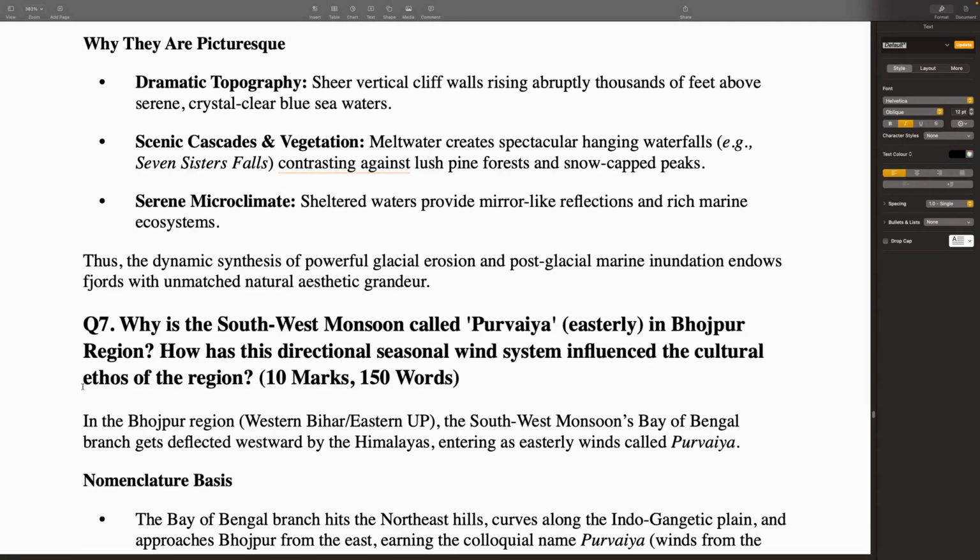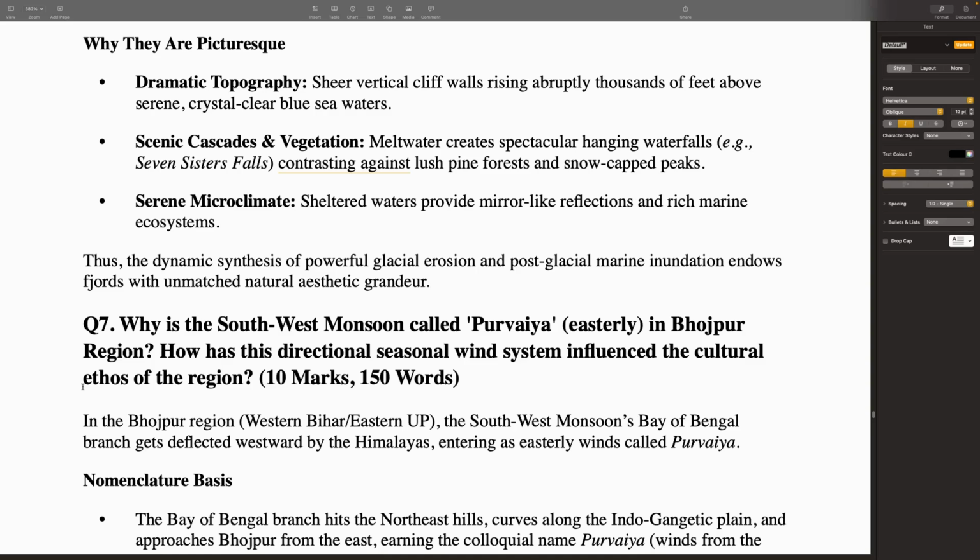Why are they picturesque? Dramatic topography: sheer vertical cliff walls rising abruptly thousands of feet above serene, crystal clear blue sea waters. Scenic cascades and vegetation: meltwater creates spectacular hanging waterfalls, the Seven Sisters for example, contrasting against lush pine forest and snow-capped peaks.